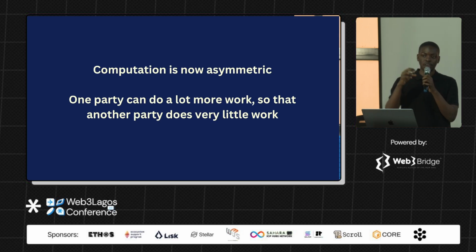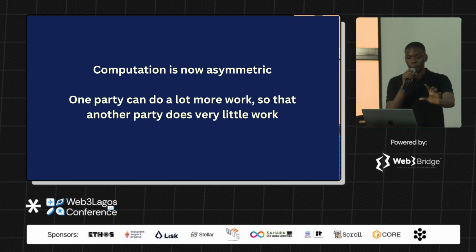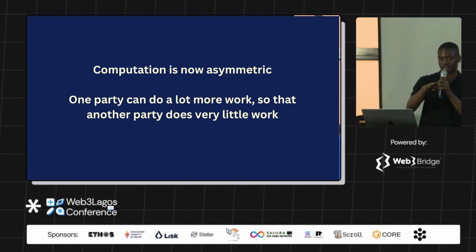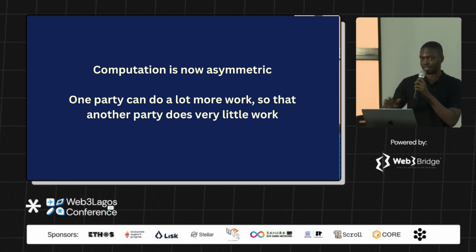But now we are turning computation from being symmetric, where two parties have to do the same work, to being asymmetric, where one party does the work plus more, so that another party can do a very tiny piece of work in order to verify what has been done. This is what we have been able to achieve technically, and this is all that ZK is. ZK has a prover that does more work so that a verifier can do little work. Yeah?